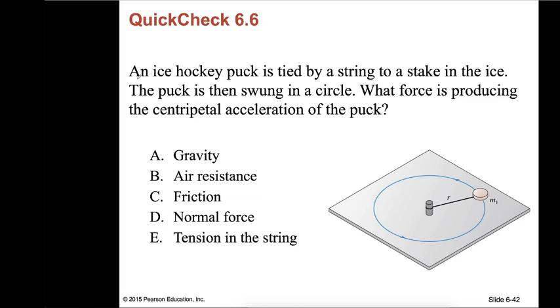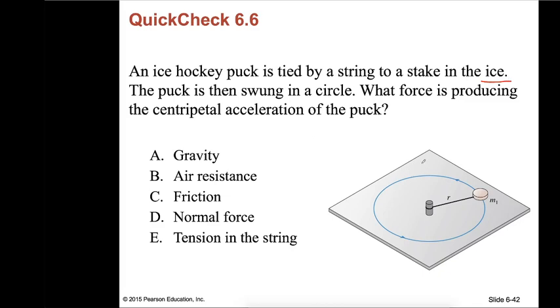So here, an ice hockey puck is tied by a string to a stake in the ice. Okay, so here's a figure. The puck is then swung in a circle. What force is producing the centripetal acceleration of the puck? So first, it mentions it's ice. Let's ignore the friction.